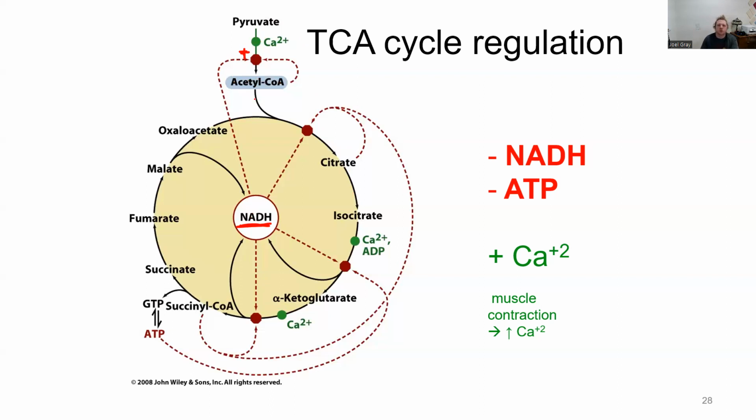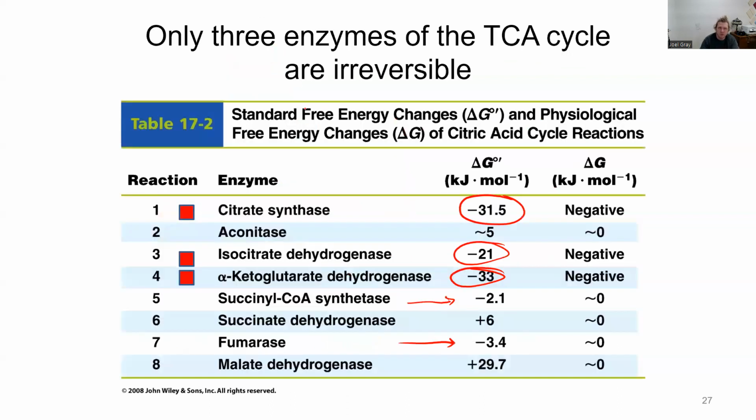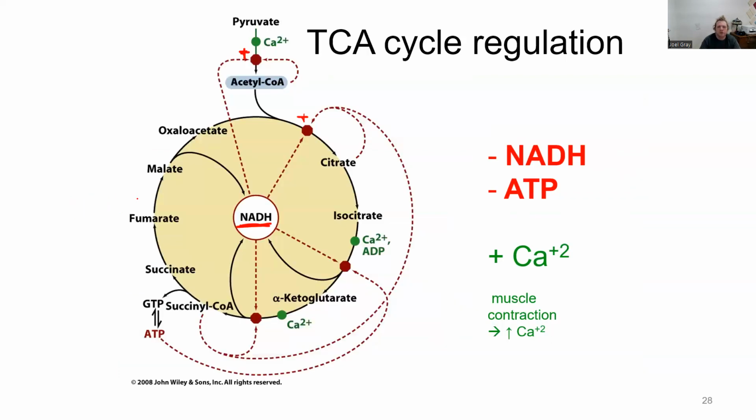What else is NADH going to do? At this first point right here, it's going to inhibit our first step in this pathway, where we're taking acetyl-CoA and oxaloacetate and making citrate. So our citrate synthase. NADH is going to inhibit that step. What else is NADH going to do?